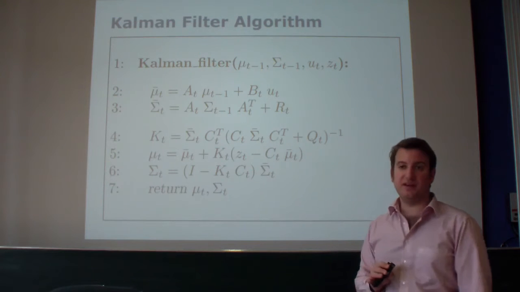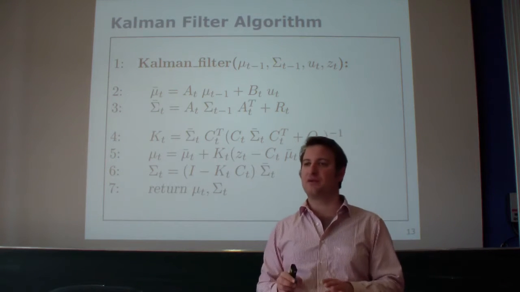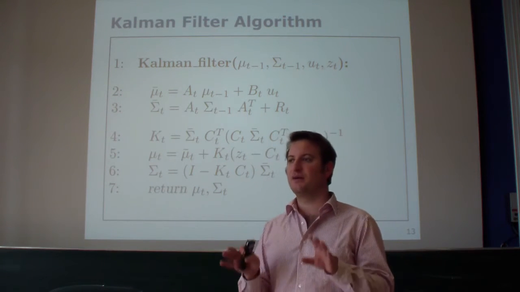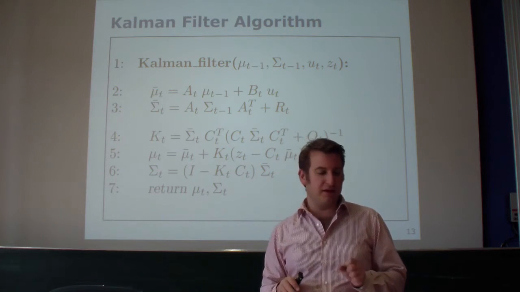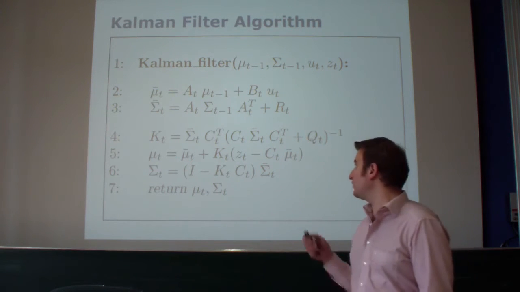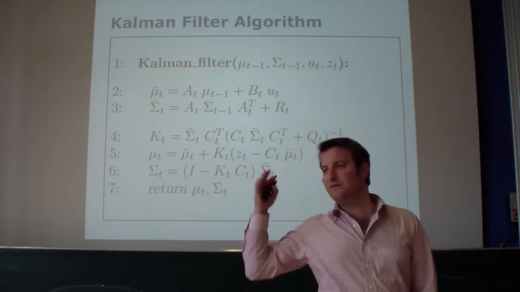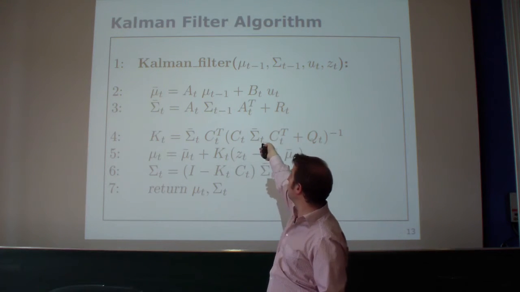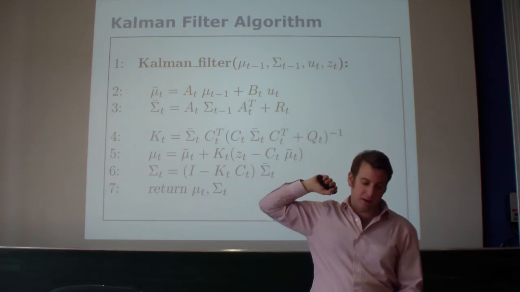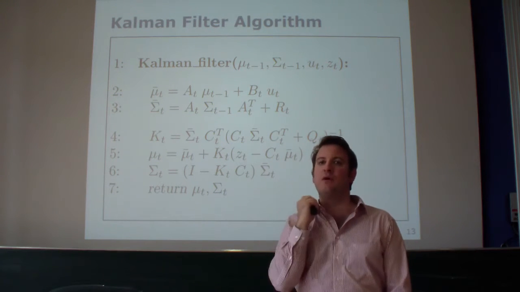Here was the plain Kalman filter algorithm, not even the extended Kalman filter algorithm. Let's see which components we need to change, and how, in order to come up with a representation that works completely in the information form, not in the moment form anymore.